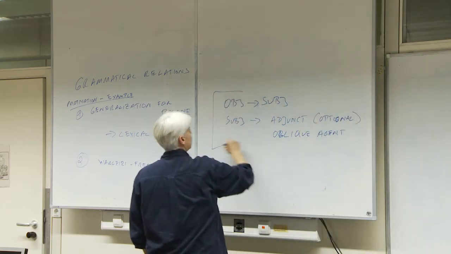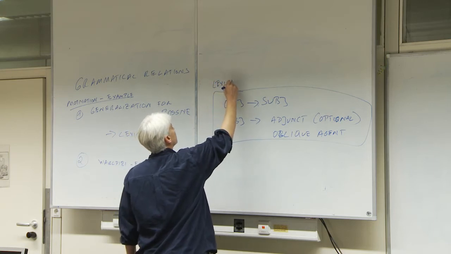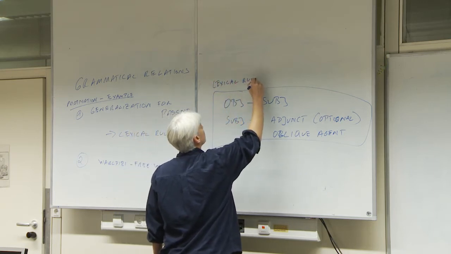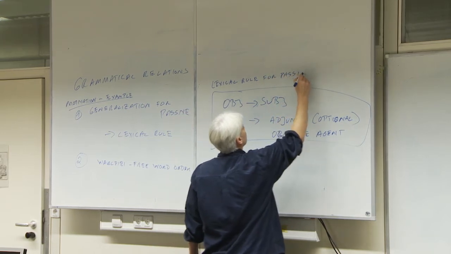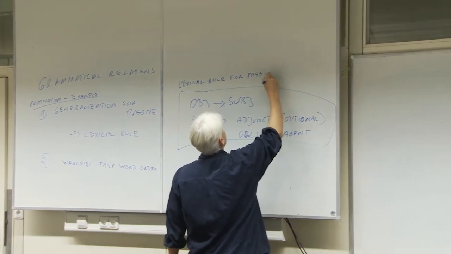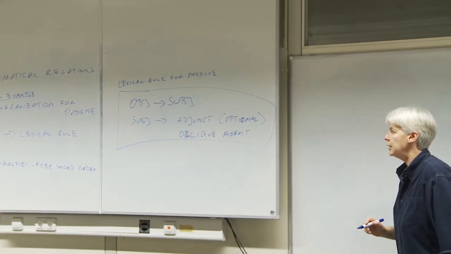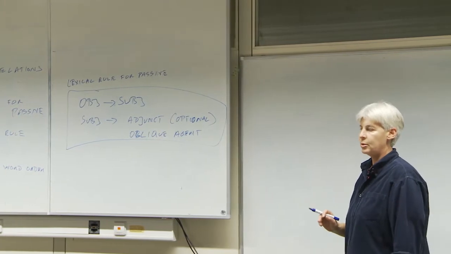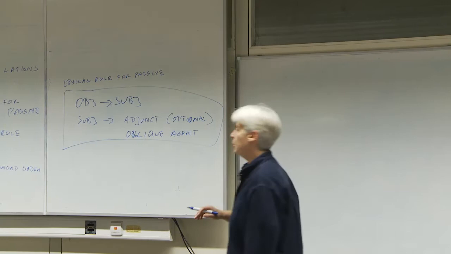This is what we ended up with. This is what LFG decided in the early 1980s, that one should treat passives like this. And there was a question last time, what about argument structure, agent, patient?